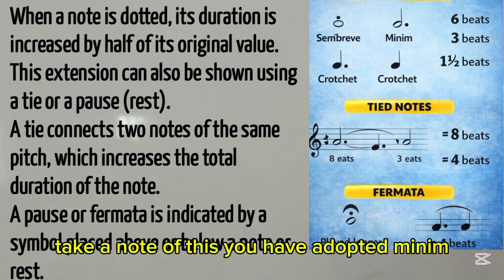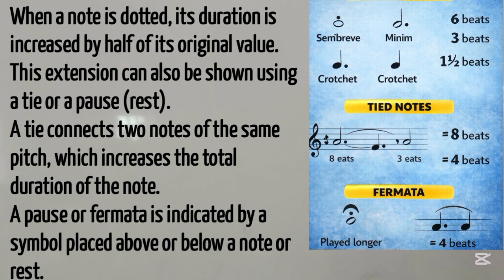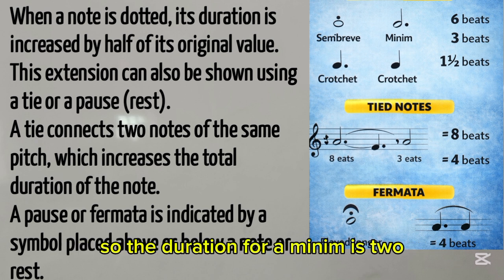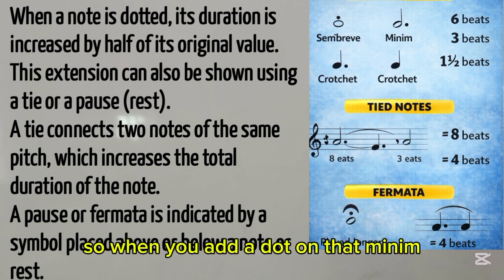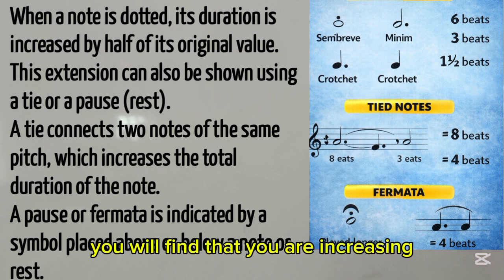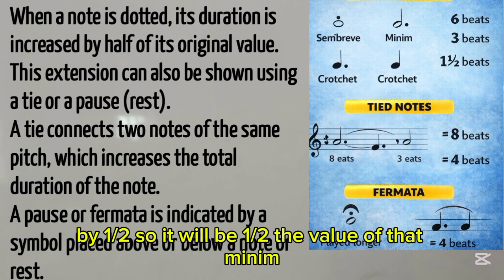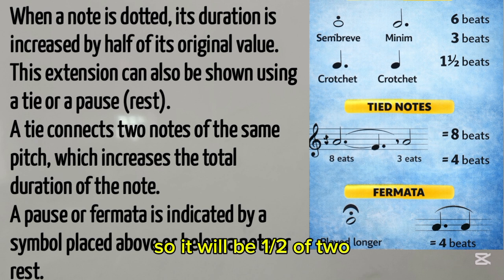You have a dotted minim, and remember, a minim lasts for 2 beats. So the duration for a minim is 2. So when you add a dot on that minim, you are increasing the value of that minim by a half. So it will be a half of 2.